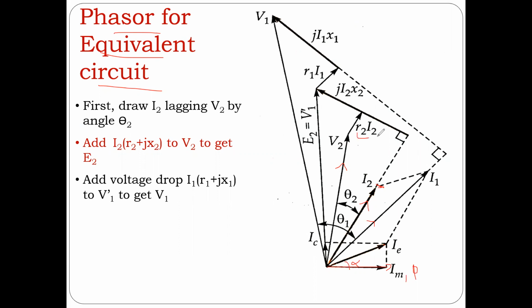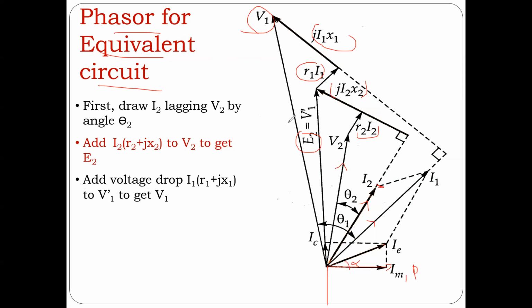And if you add the drop on the secondary coil and the leakage reactance, considering that, it becomes E2, and further adding the primary components, it becomes V1. So this is how you can draw a phasor for the equivalent circuit, where you transfer all the quantities from secondary to the primary side.